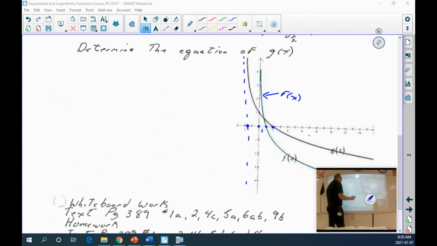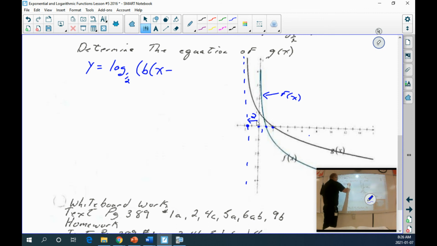The vertical asymptote moves 2 units that direction. So our function is going to be log base 1/2 of b(x plus 2), and we found that by the fact that our vertical asymptote moved 2 to the left.